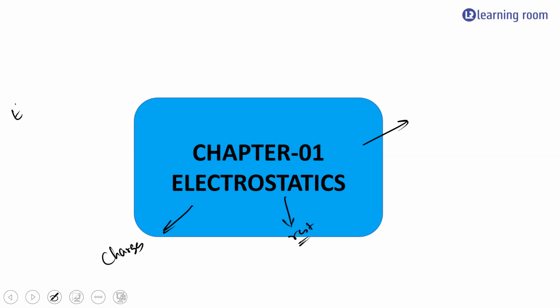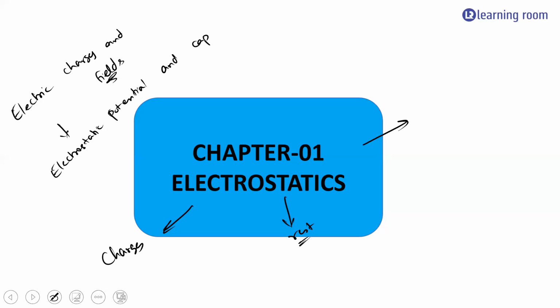We'll be discussing electric charges and fields, followed by electrostatic potential, right? That is the next chapter, electrostatic potential and capacitance. These two chapters fall under the same branch of physics called electrostatics.